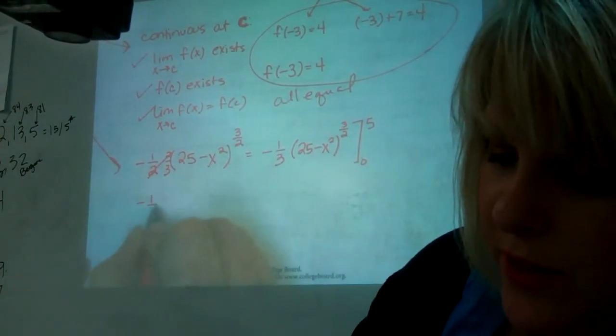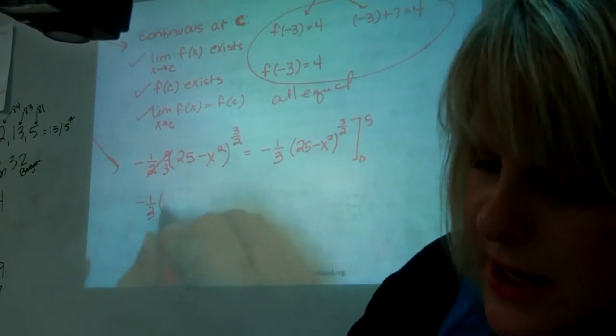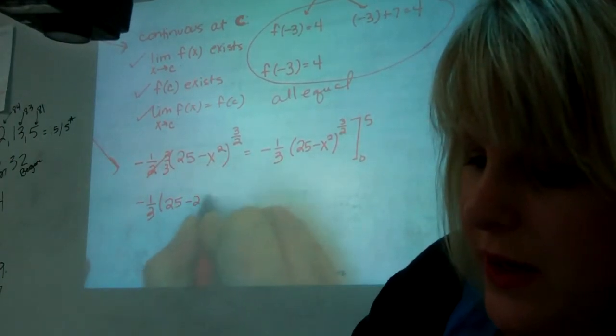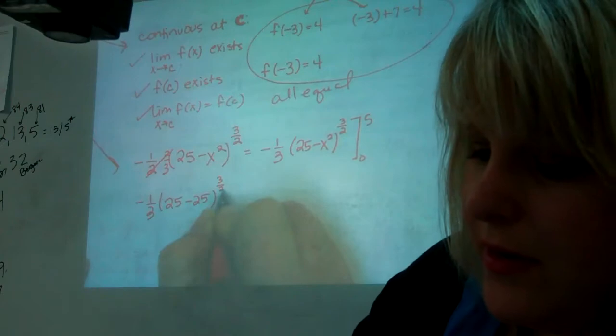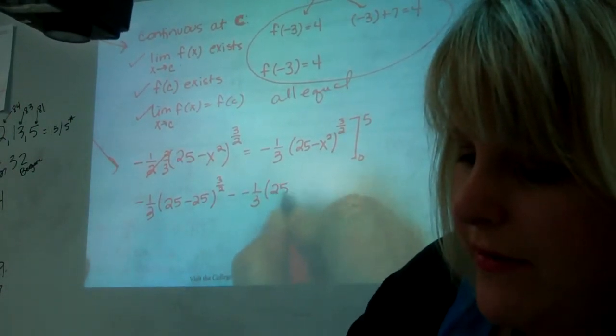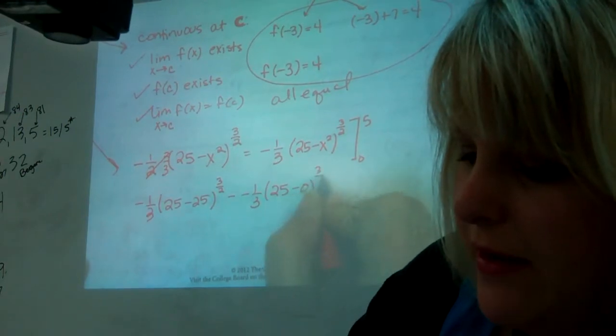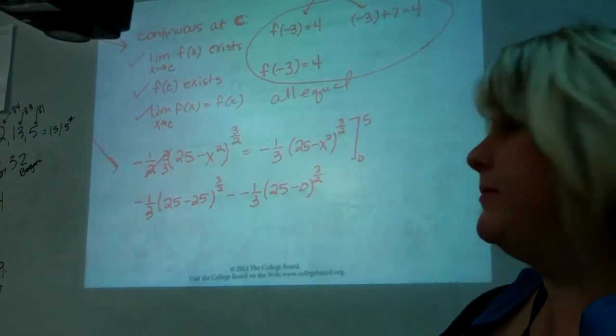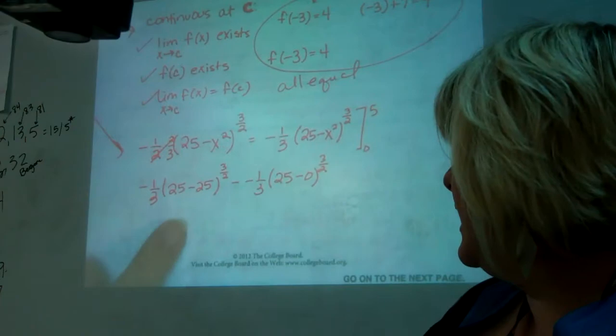So negative 1/3 times 25 minus 25 to the 3/2, minus negative 1/3 times 25 minus 0 to the 3/2. Right? If I plug 5 in, I'm going to get 0.